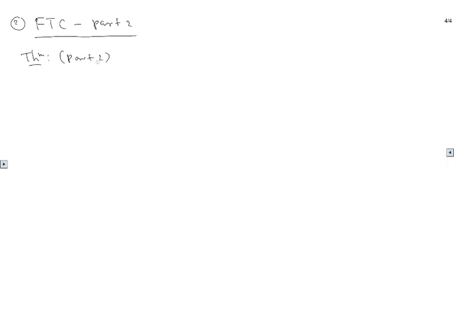So what is that? Let's say f is continuous over [a, b], and this is the interesting part, F is any antiderivative.